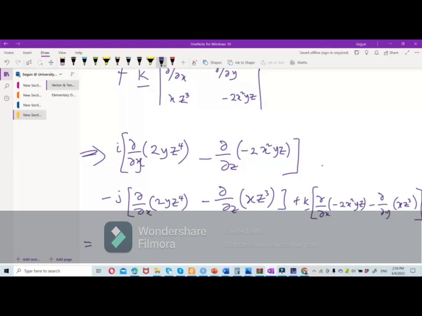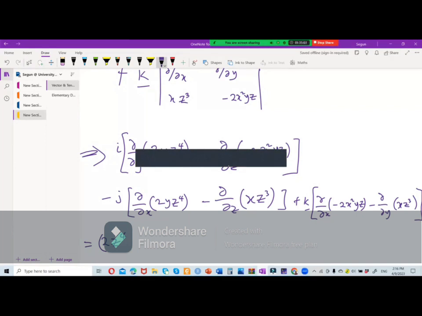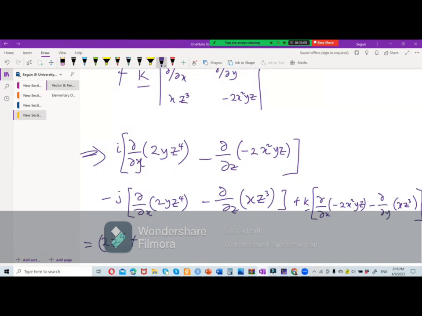Let's solve the component i first. Differentiate the first one with respect to y. What do you have? You have 2z⁴. Am I right? Remember, this is minus times minus, plus, so you have 2x²y.